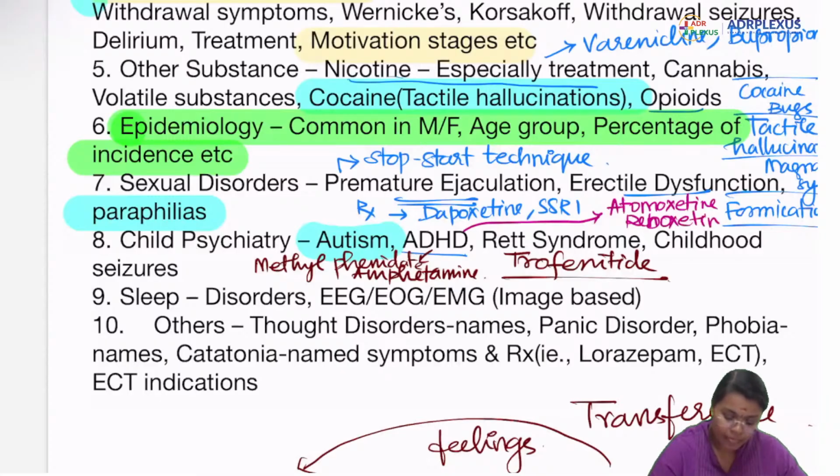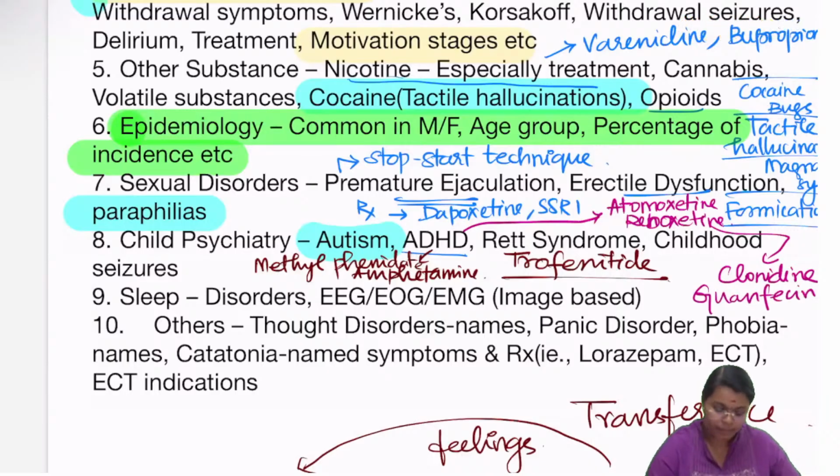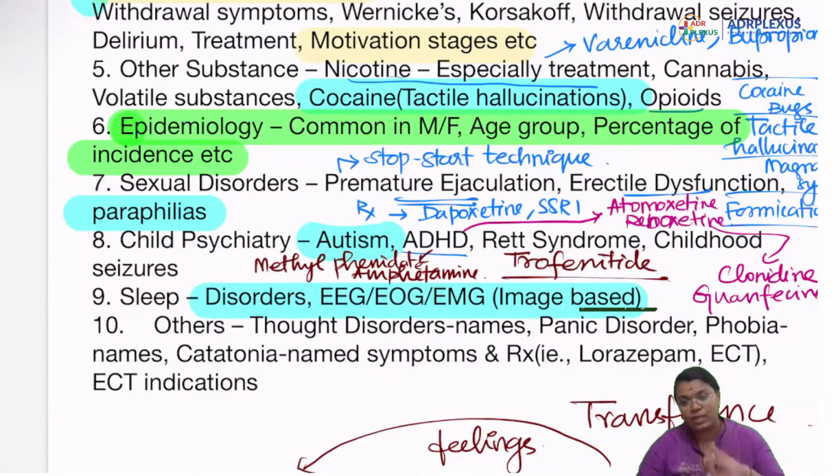And also you can use alpha-2 agonists, clonidine and guanfacine. Okay, right. Sleep disorders generally, even an EEG image-based question was asked one year.